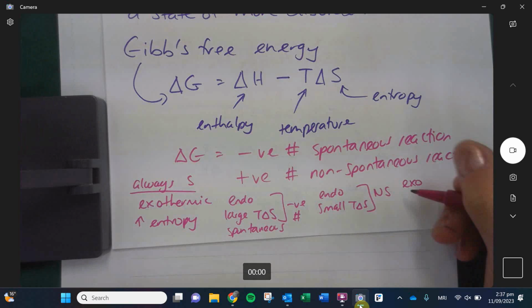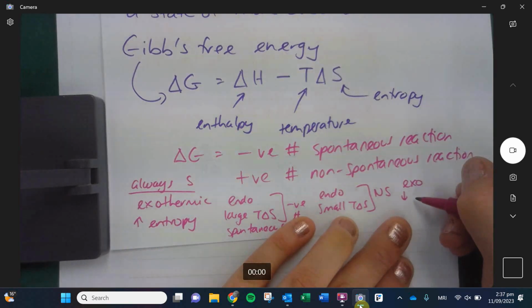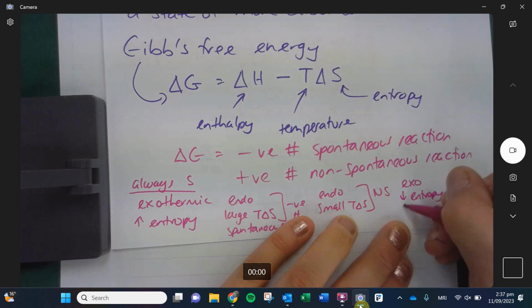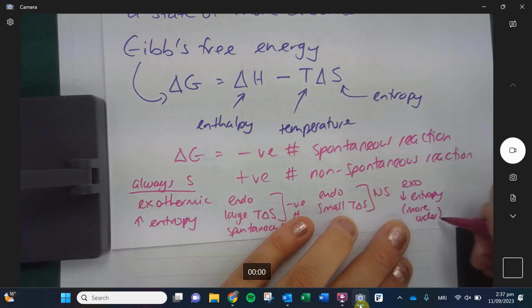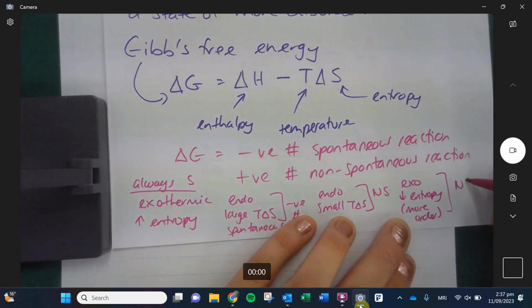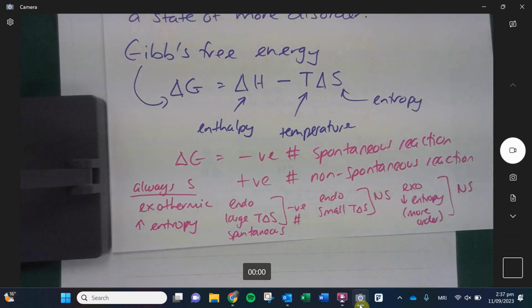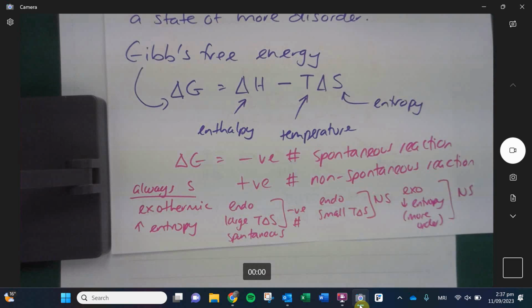But if that exothermic reaction decreases the entropy, so there's more order, that could result in a non-spontaneous one as well. More order. So it's more order.